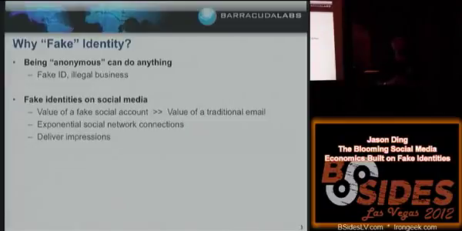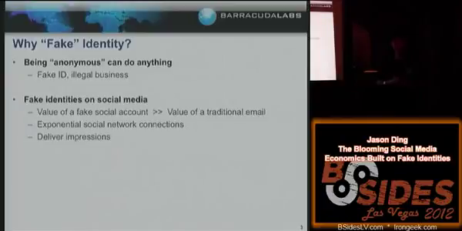In my opinion, a fake social account is much more valuable than a traditional spam email. For spam email, you just send the email, and it is either clicked by the recipient or ignored and goes to a spam filter. That's it.